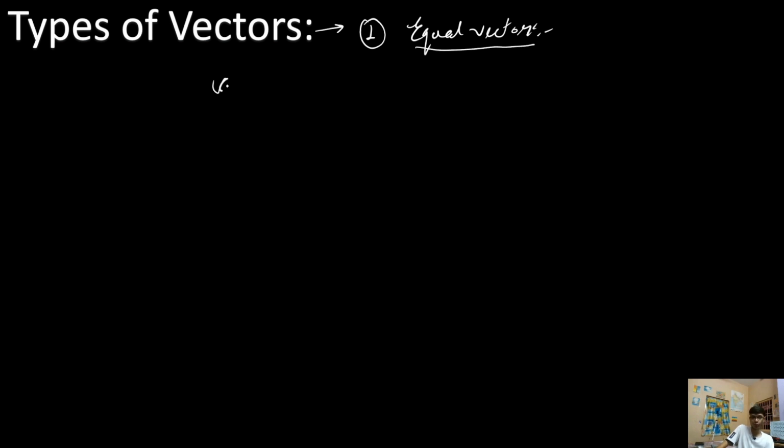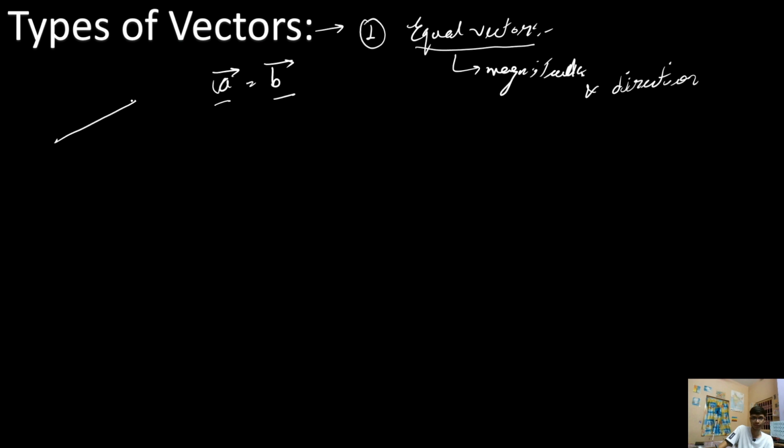If I say there are two vectors and these two vectors are equal, that means they are equal in magnitude and direction as well. Two vectors, for example a vector and b vector, are said to be equal and are written as a vector equal to b vector if they have the same length, that means the same magnitude, and the same support, that means they are parallel, or starting from the same point.